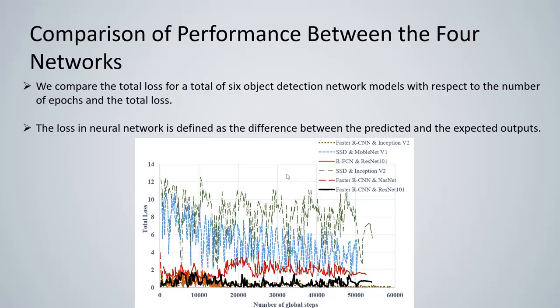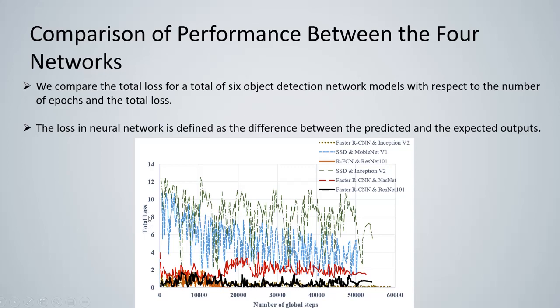We compare the total loss for a total of 6 object detection network models with respect to the number of epochs and the total loss. In the x-axis there is the number of global steps, and in the y-axis there is total loss.